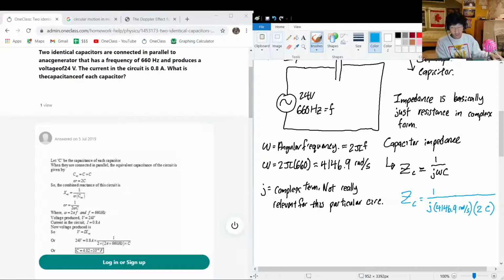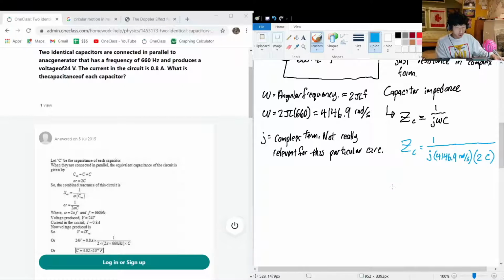Because that's the equivalent capacitance of every capacitor in the circuit. So we definitely cannot forget that 2 term. Send that into the calculator and see what we get. It's really just multiplied by 2.